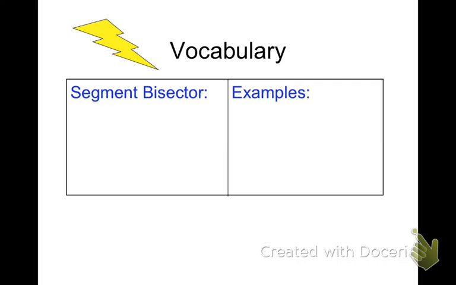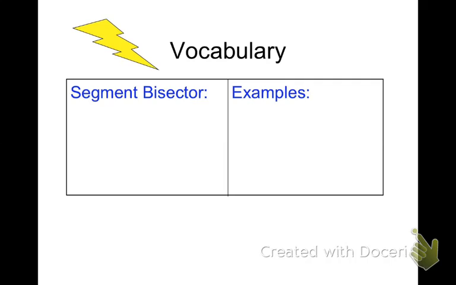So here we have line segment AB. Here's the midpoint M. Is that point in the middle of line segment AB? Looks like it. We're going to say it is. So I can have a point that is a bisector of that segment. I can have a line segment be a bisector of that segment. Can I have a line bisect it?